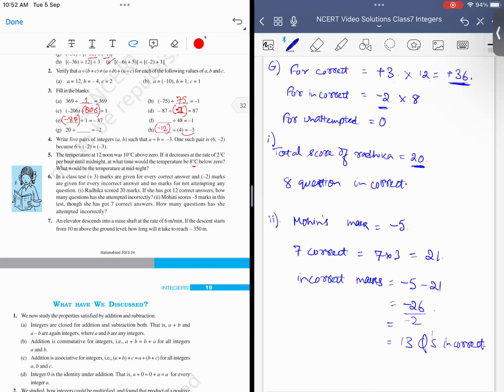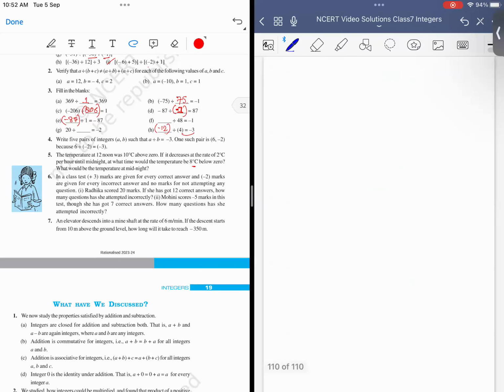Okay, next, 7. An elevator descends into a mine shaft at the rate of 6 meters per minute. Actually, velocity 6 meters per minute.